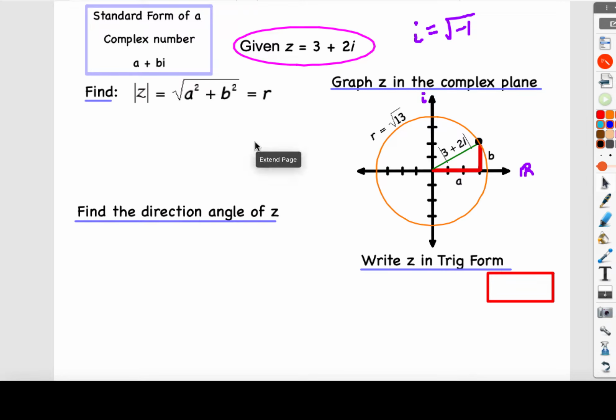So if we took our numbers and said the square root of 3 squared plus 2 squared, the square root of 9 plus 4 is the square root of 13, and you'll notice I've represented that radius, that distance from the center. Basically our point just became this black dot that's exactly root 13 units from the middle, and all I really need to know now is what this direction angle would be.